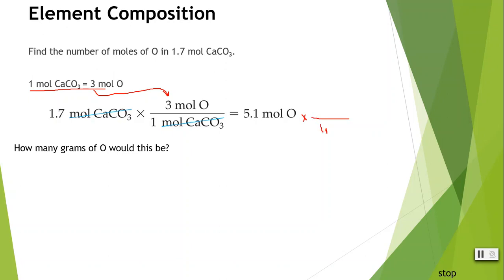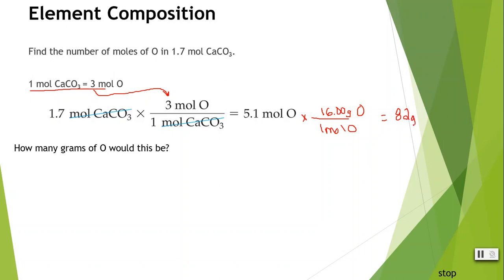So for every 1 mole of O, I look at my periodic table and I have 16.00 grams of O. And so you do that mathematics. So 16 times 5.1 should give you 81.6, or if I was being picky with sig figs, that would give you 82 grams.